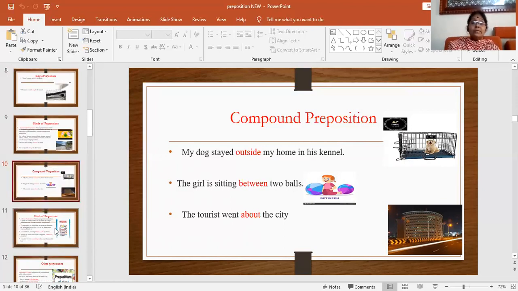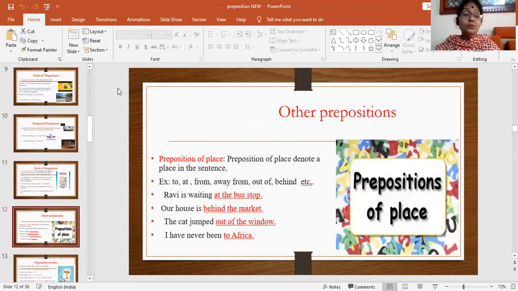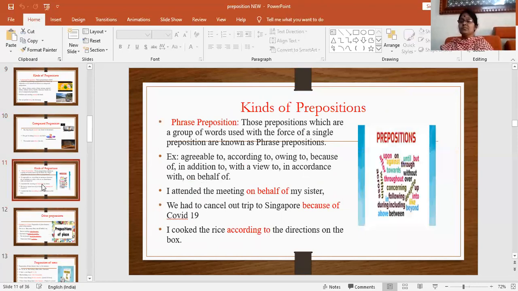Now, next, the third one is phrase prepositions. Now, what are phrase prepositions? Those prepositions which are a group of words used with the force of a single preposition are known as phrase prepositions, where one preposition has more emphasis, right?